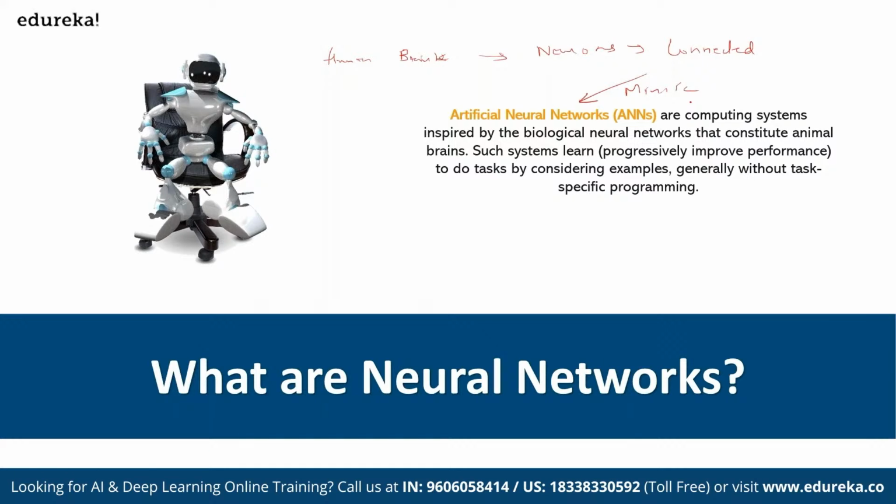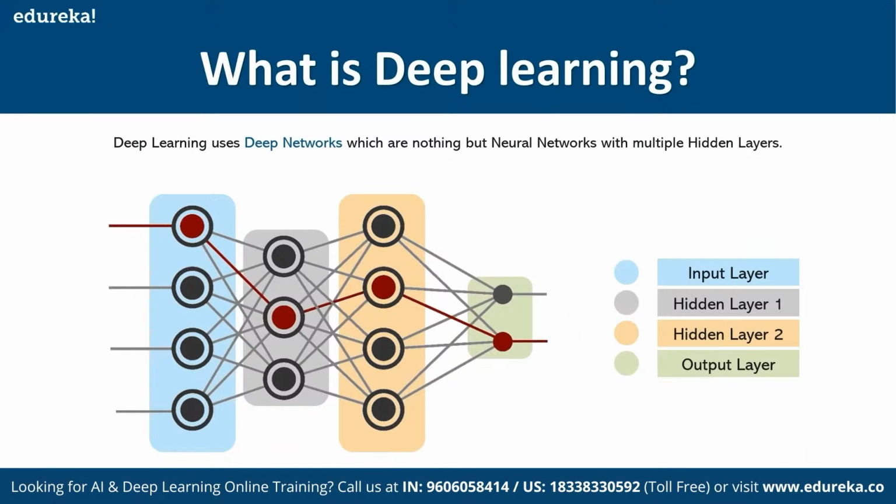Okay, now what is deep learning? Deep learning uses deep networks, which are nothing but neural networks with multiple hidden layers. You may find a lot of content trying to explain what deep learning is. In the most simplistic form, neural networks have an input layer, an output layer, and in between there are hidden layers which we need to train.